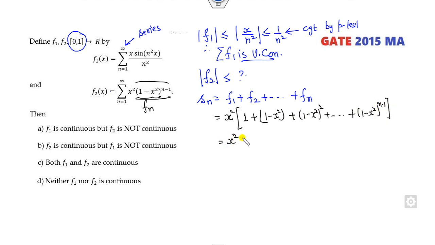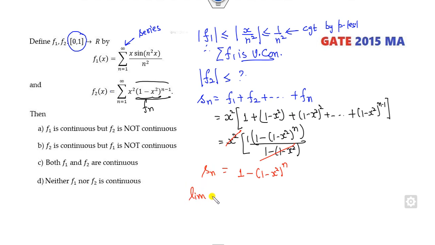So you can see that this is my GP series. So a times 1 minus r to the n divided by 1 minus r. So you can clearly say x square cancels out. So the expression becomes 1 minus x square of n. Now you have to check whether the limit of this Sn exists and is continuous. Fine.